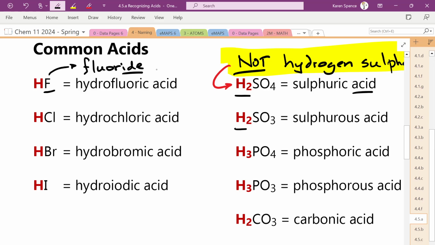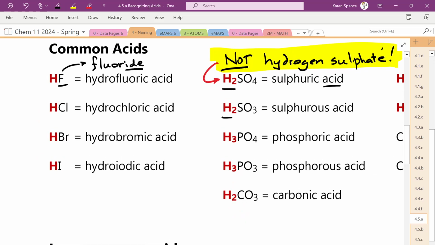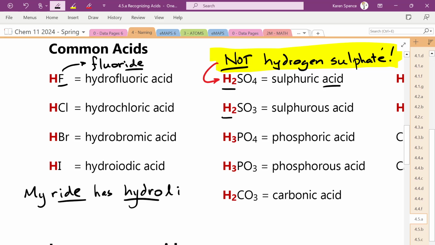Okay, so that is fluoride. And my ride has hydro X.